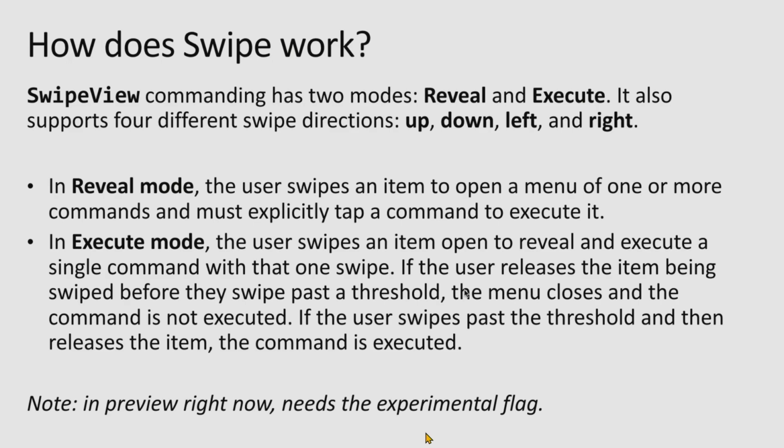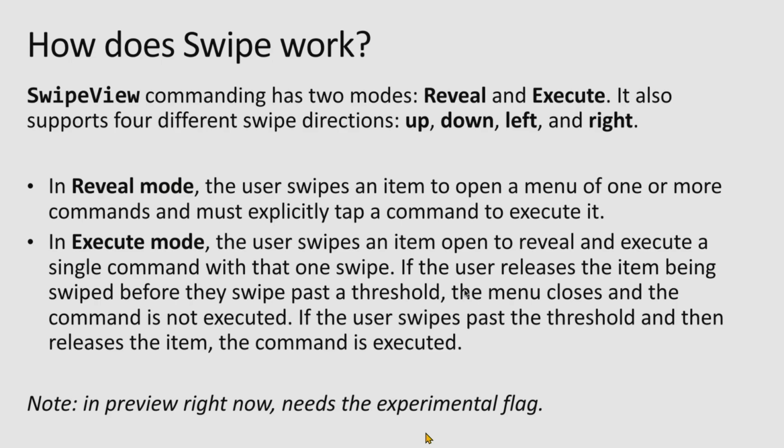The SwipeView allows us to swipe in any direction. We can swipe up, down, from left, and from right, and we have different modes. Let me explain very quickly the two different modes because they are very, very different. We have, on one hand, the reveal mode. In this mode, we swipe to open the SwipeView.